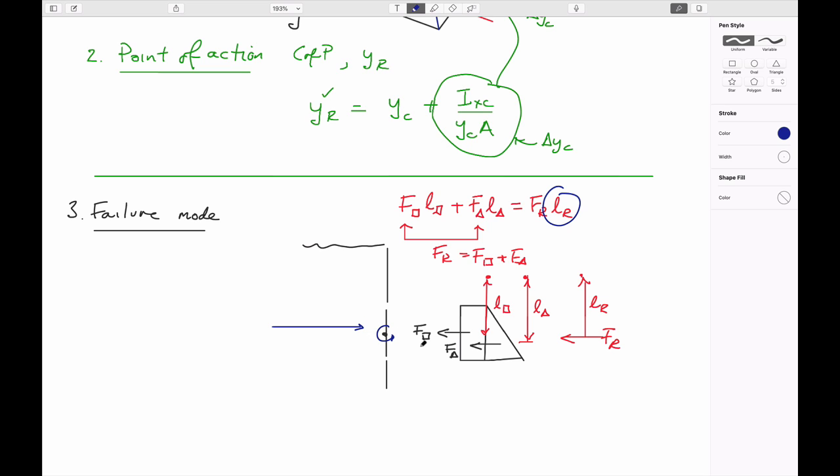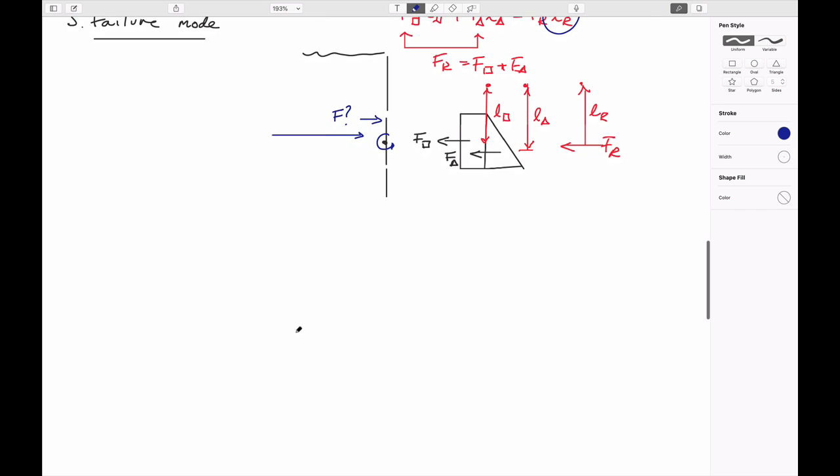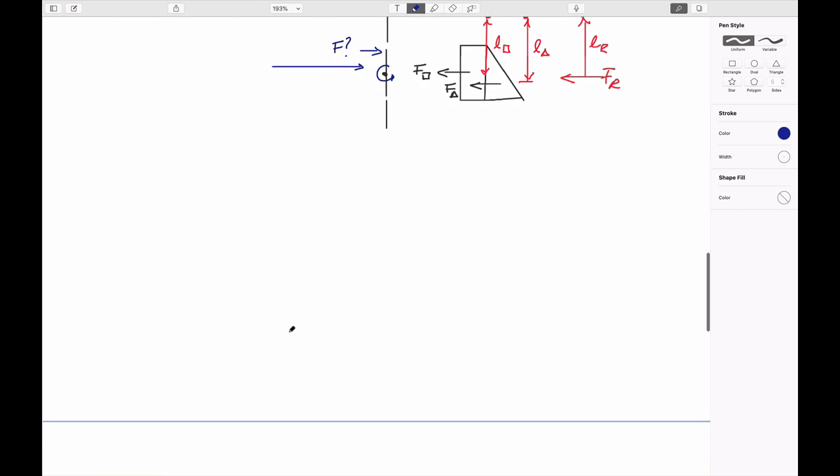So in other words, you'd write your moment equation around this point, and solve, as we did in class, for the magnitude of the force that was here that we didn't actually know. So that's important if you're trying to determine whether a gate will open or do something of that kind.